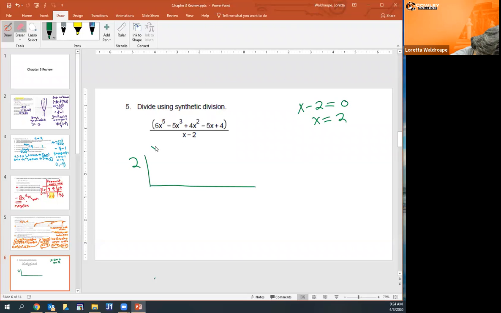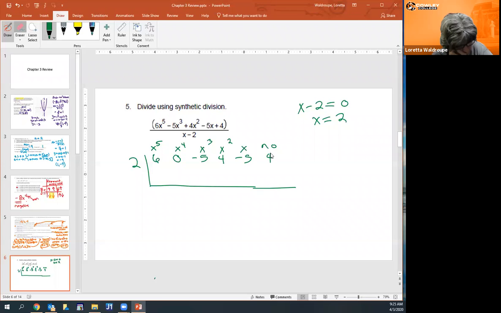And up here we start with x to the 5th, and we reduce by 1 power each time. Because if we're missing a power of x, we have to put a 0. So x to the 5th has a 6. There's no x to the 4th, x to the 3rd, the 2nd, x, and no x.